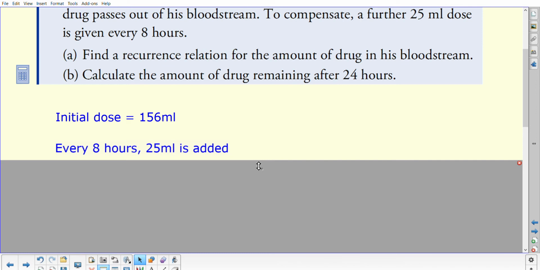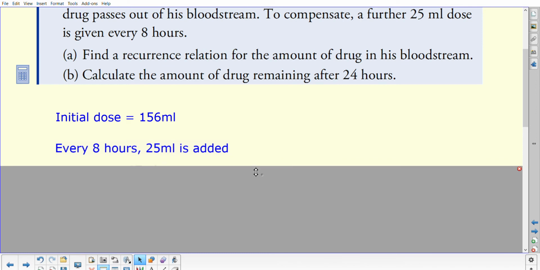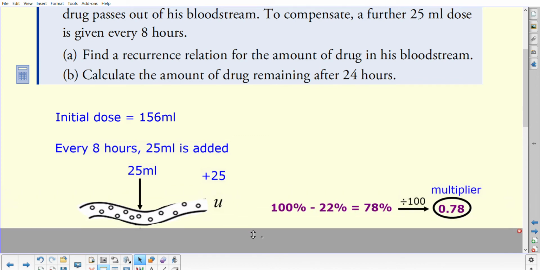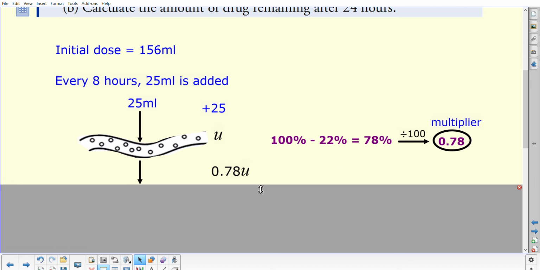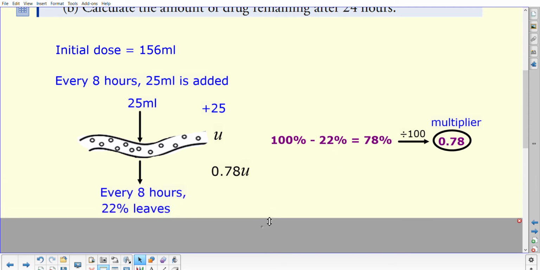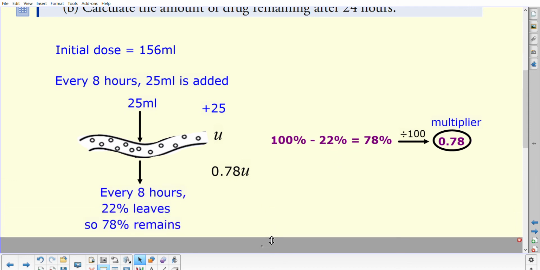We know every 8 hours another 25 millilitres is being added in, and we do know that 22% of the drug leaves the body, which would leave you, if every 8 hours you've lost 22% of the drug, with 78% of the drug still in the system.